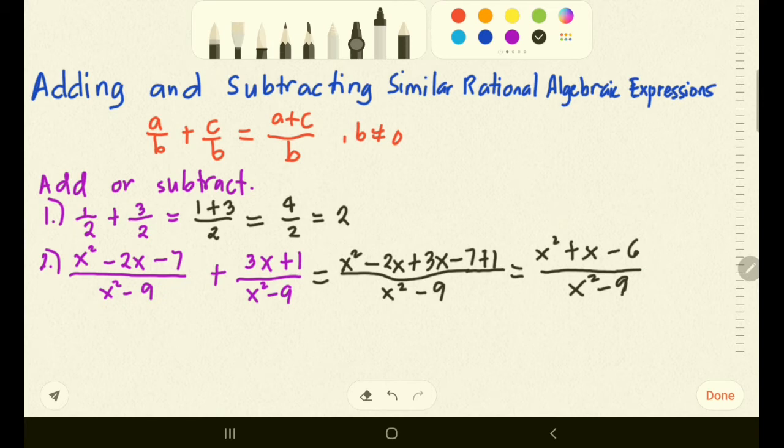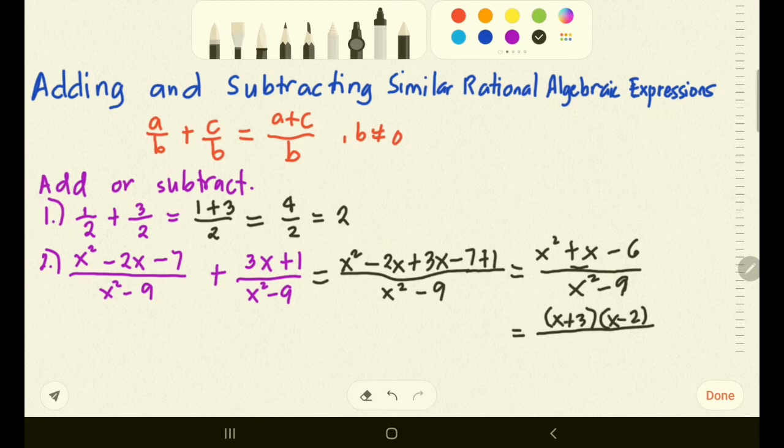Okay, notice, class, the numerator x squared plus x minus 6 is still factorable. So that is factoring a general trinomial. When you factor that, x squared, then 2x, then a negative 6, so that you could get positive x as the middle term. So that could be positive 3 and negative 2.